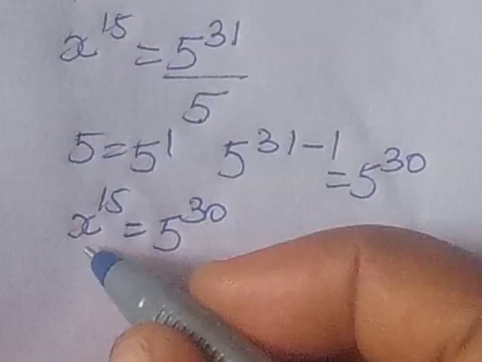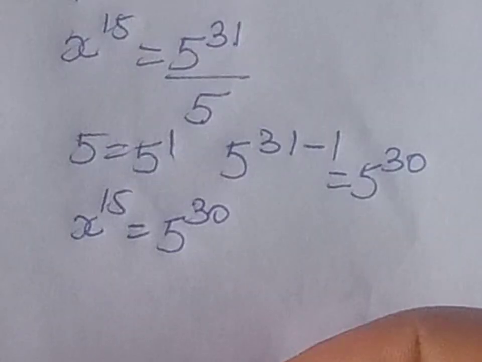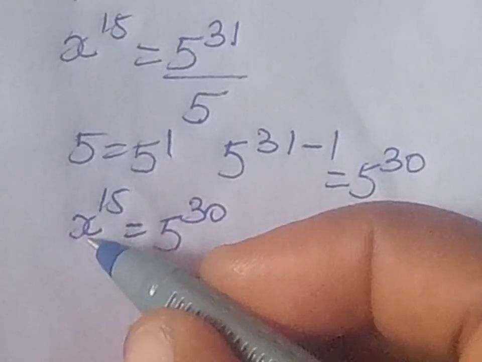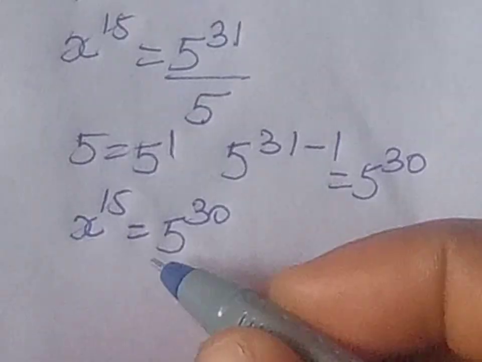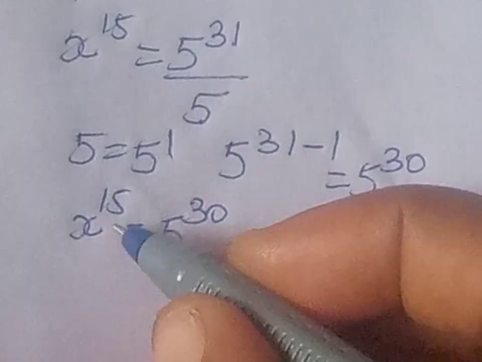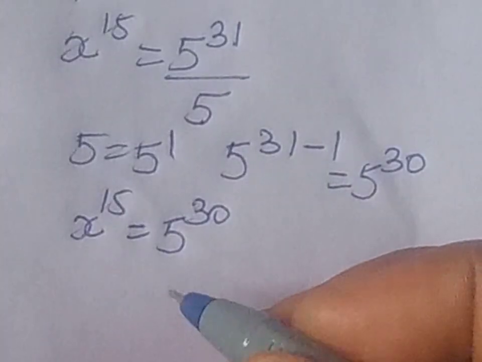The next thing is, let's find the value of x. To find the value of x, we need to remove the power of 15. The opposite of raising something to the 15th power is taking the 15th root.